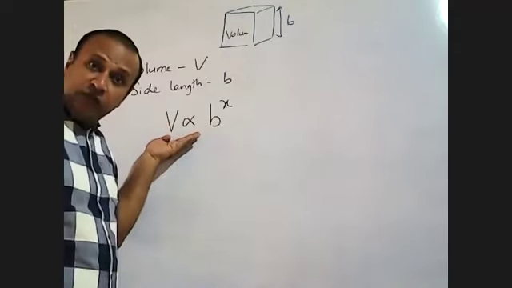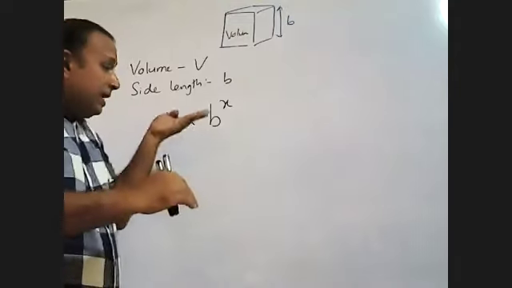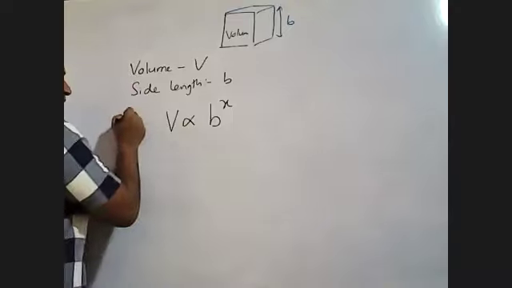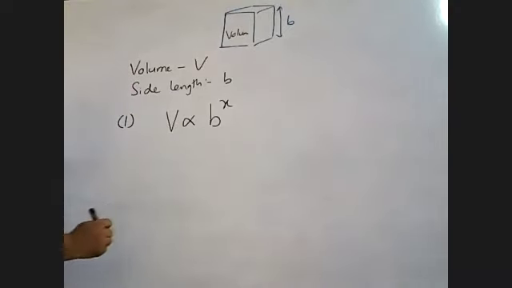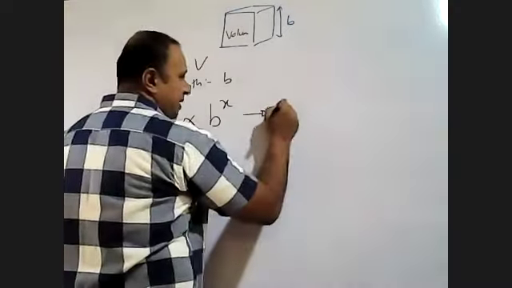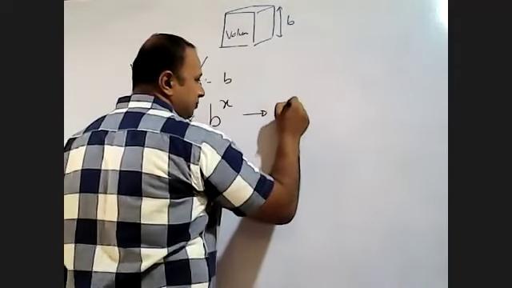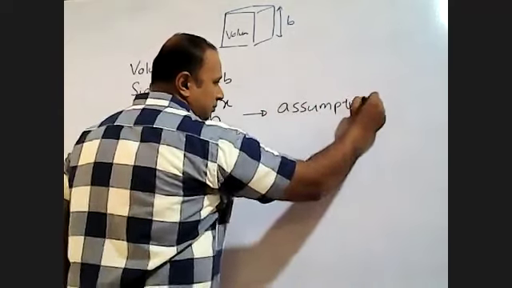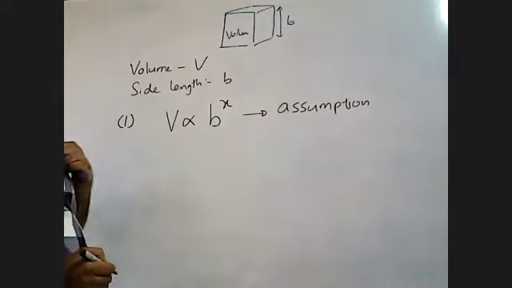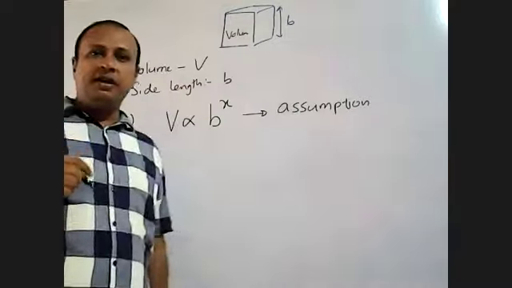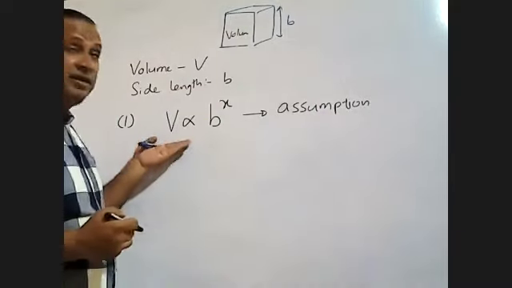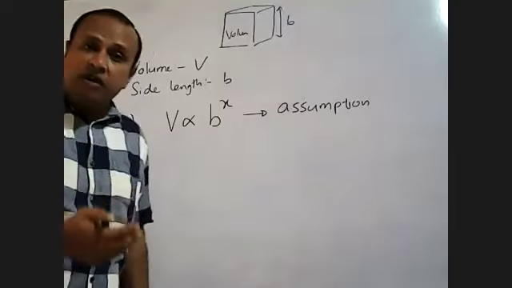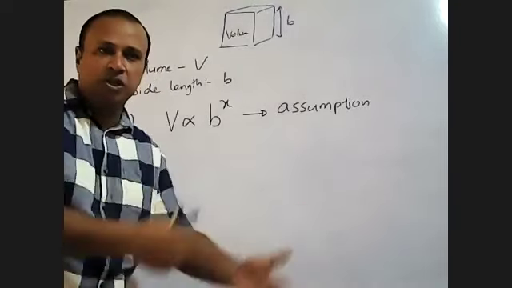Therefore, you have to convert this relationship into an equation. So the first step is assumption. The second step is to convert this relationship into an equation. How to convert this relationship into an equation?